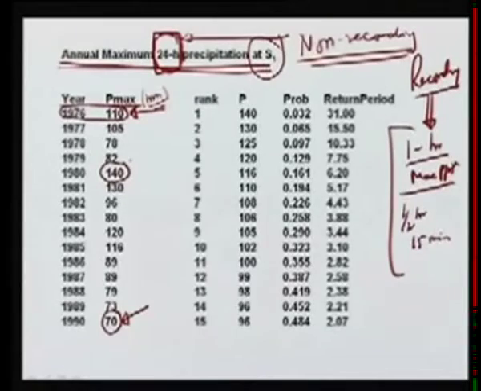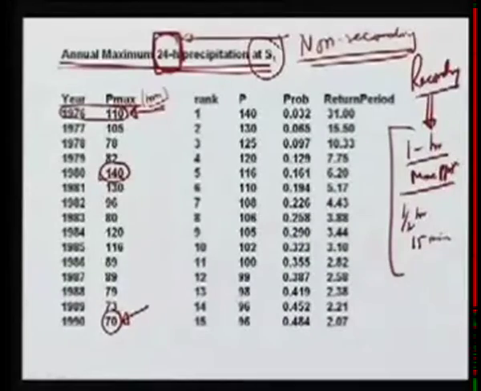So we can say that in this 30-year period, the maximum daily precipitation in a year was obtained as 140. Now based on this 30-year record, we want to estimate what will be, let's say, the 50-year maximum daily rainfall or the 100-year maximum daily rainfall. So we look at all the data.